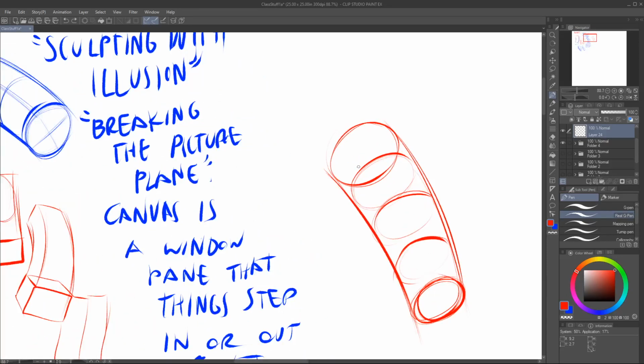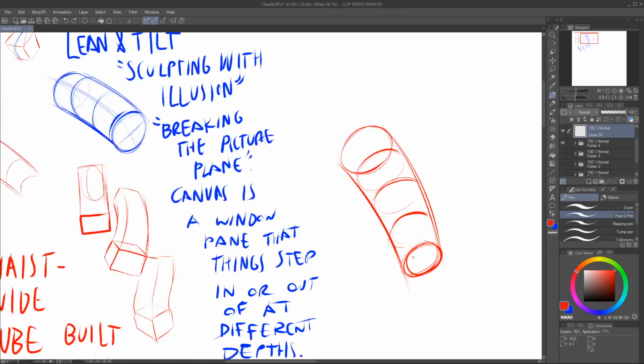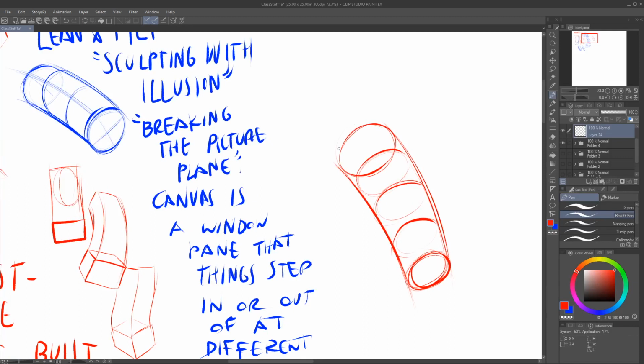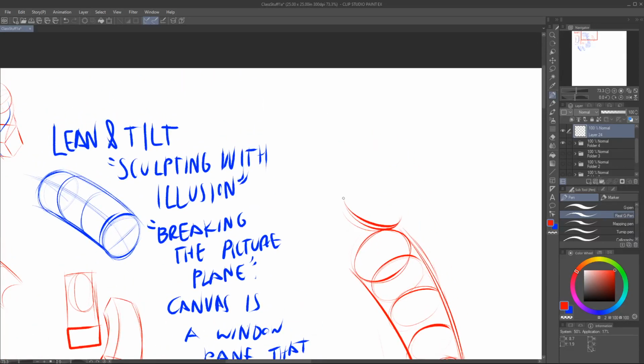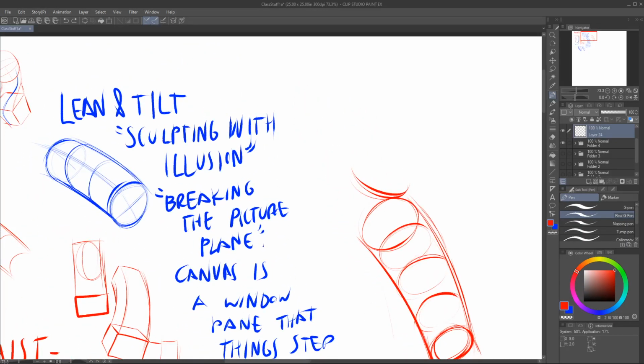The reason why that's okay is because when you start adding additional details that break down the form further, like parts of the forearm and the wrist, or shapes that relate to it, like where it's bending in the bicep, like maybe let's say it's bending over this way.